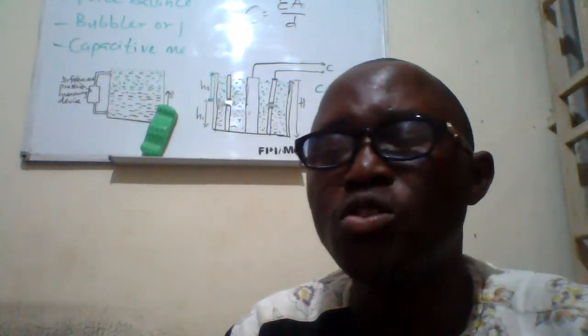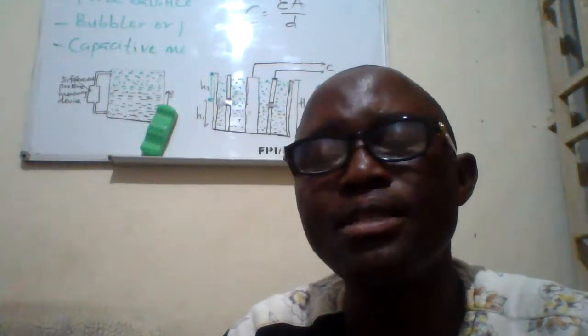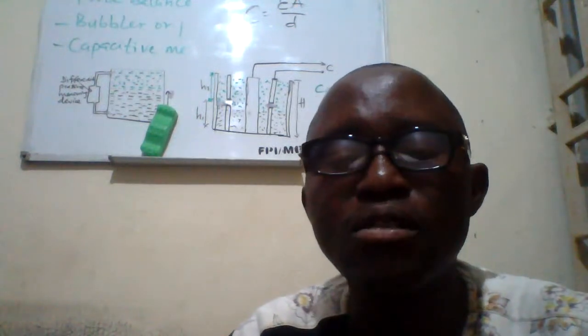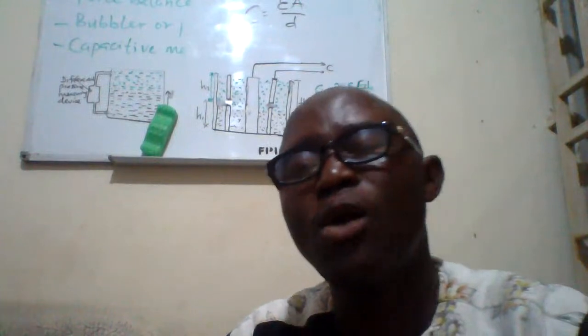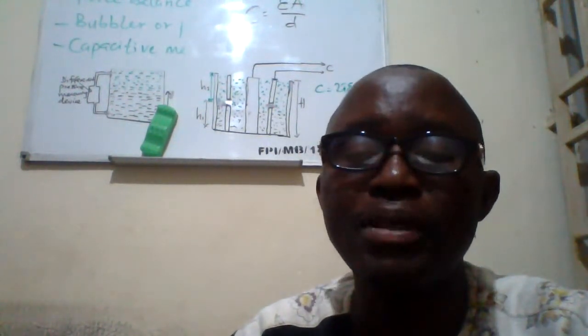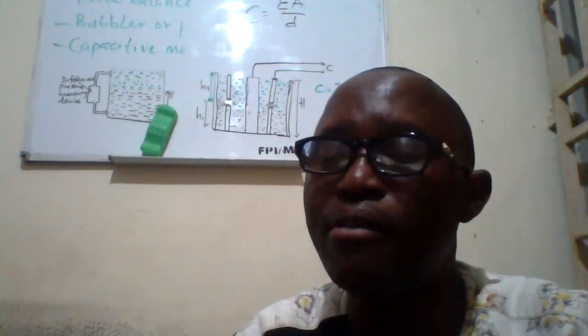So, this system will determine the total capacitance thus formed by the liquid on one part and the vapor on the other part. Now, when the two capacitances are summed together, we have the total capacitance developed by these arrangements.